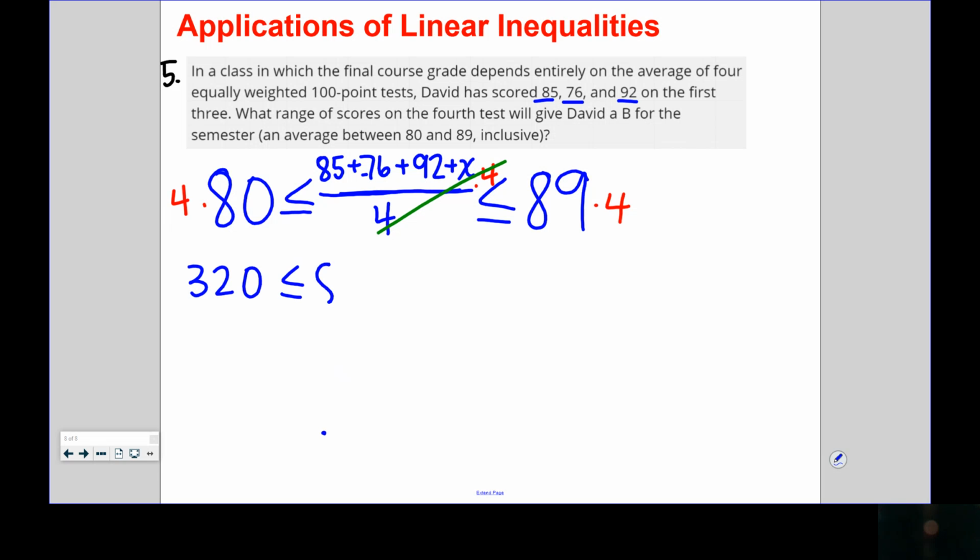Less than or equal to, go ahead and write what's left: 85 plus 76 plus 92. We can go ahead and add those together if you want. What's 89 times 4? 356.